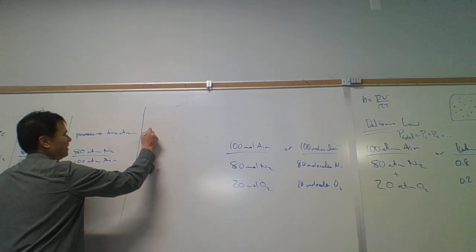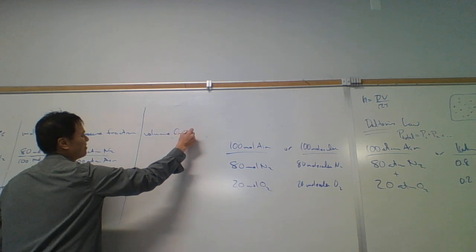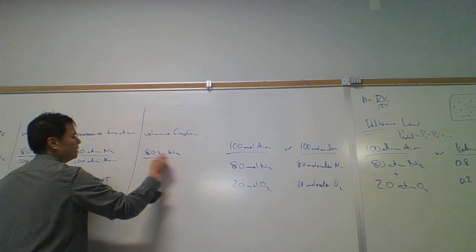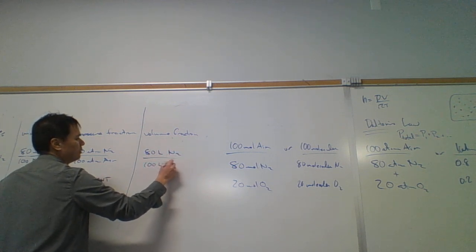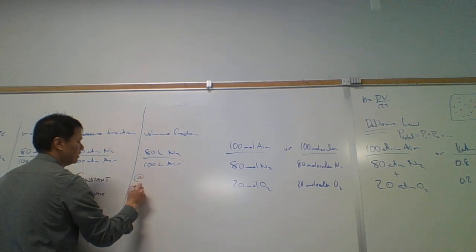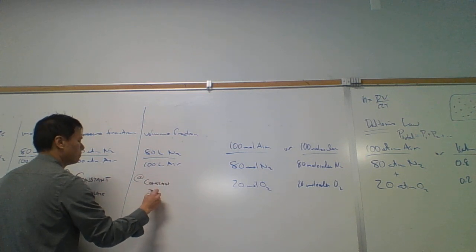The other thing we look at is the volume fraction. Volume fraction will be 80 liters of nitrogen for every 100 liters of air. But there's a restriction on this one, and this one has to be at constant pressure.